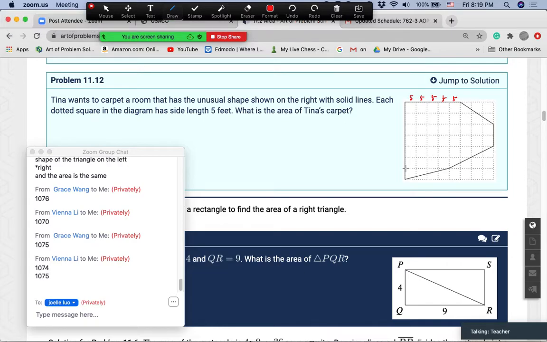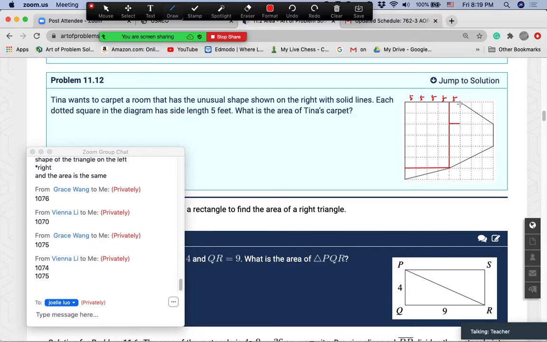You can connect here, right? Then you can connect here. Then you can connect here. No. Wait.